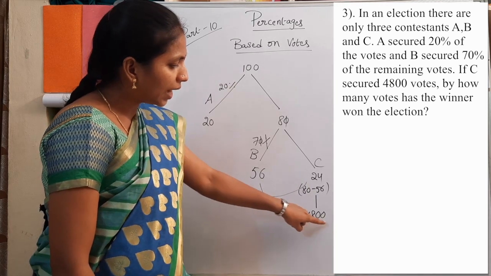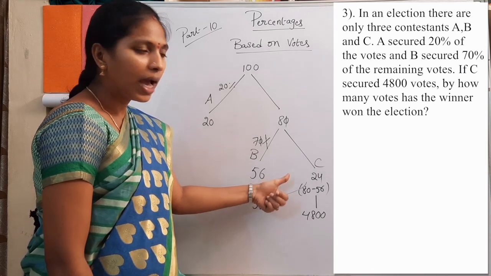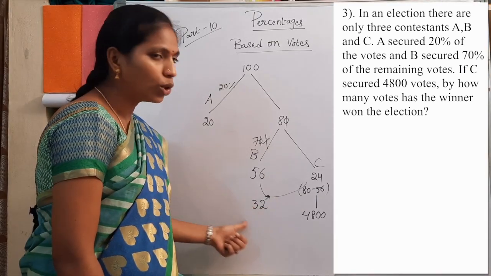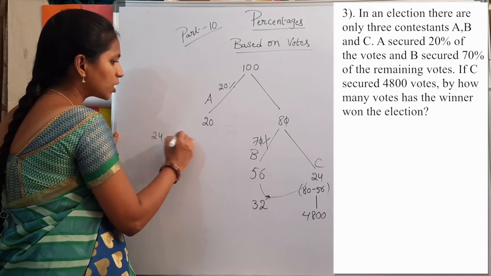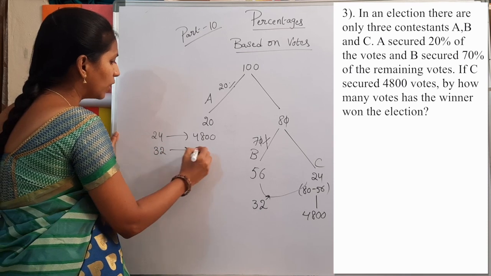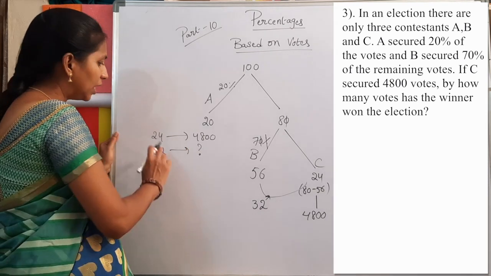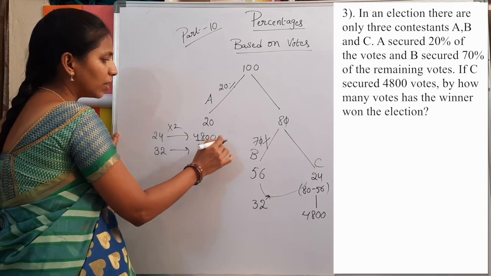Here 4800 is the corresponding value of 24. Then we have to find the corresponding value of 32. See, 24's corresponding value is 4800, and 32's corresponding value is what? Here 24 into 2 means 48, extra 2 zeros.